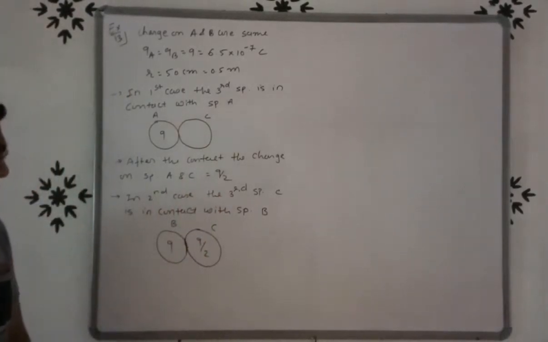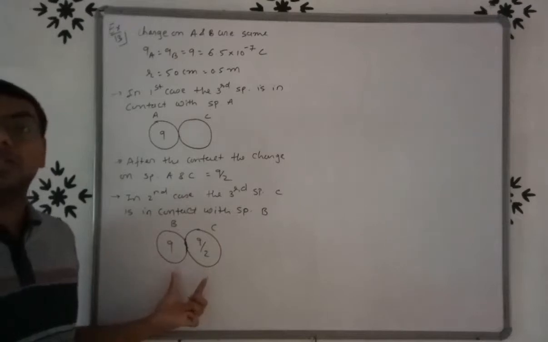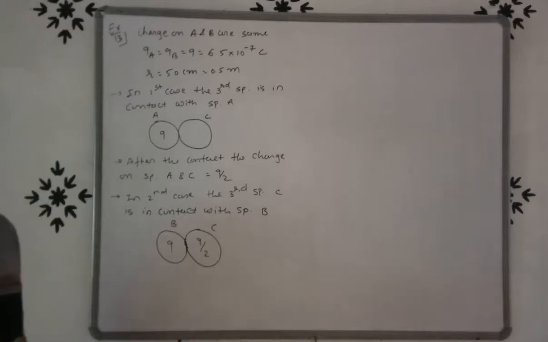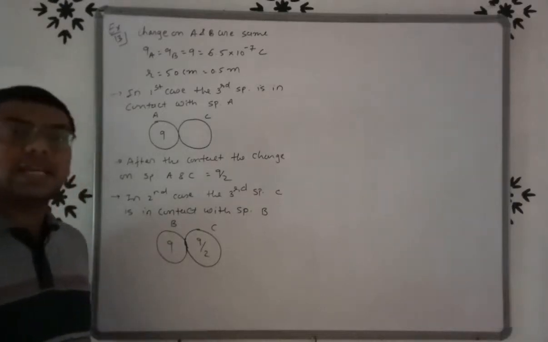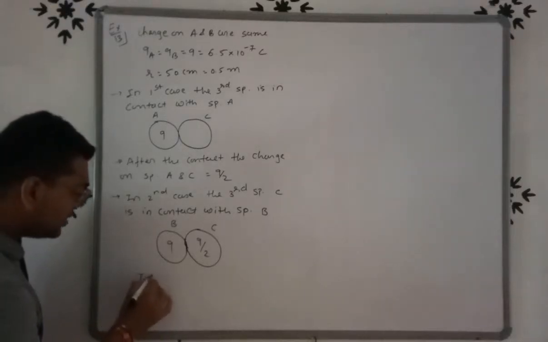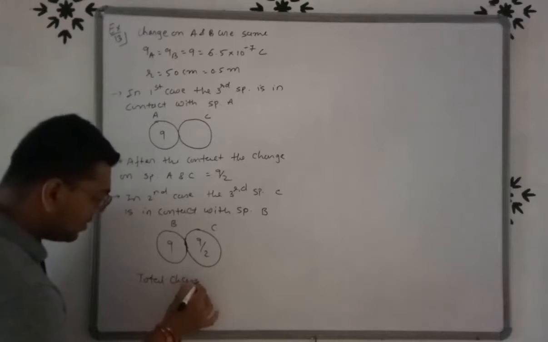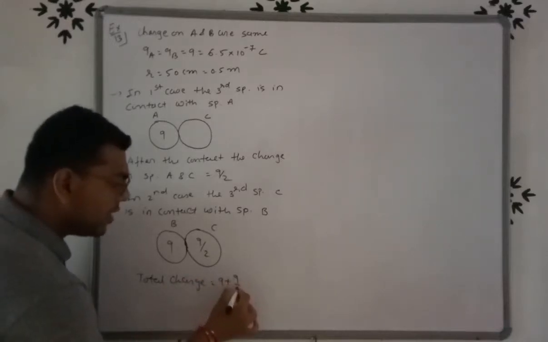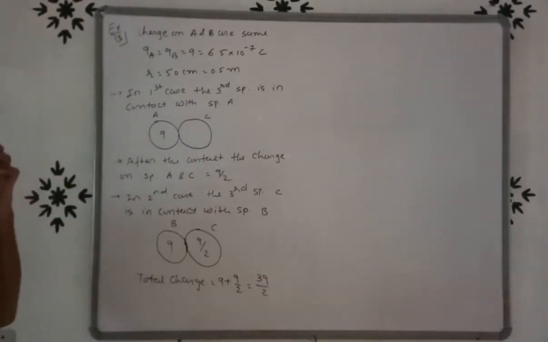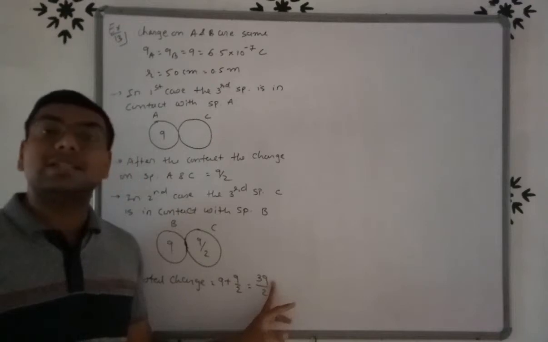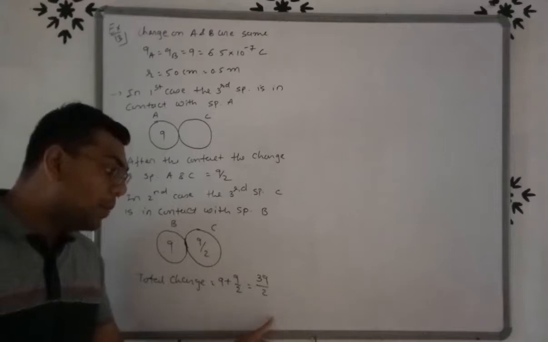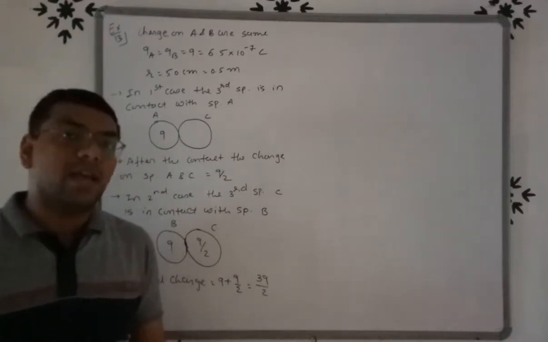When we bring these two spheres B and C in contact with each other, again the total charge is distributed equally. So the total charge is equal to Q plus Q by 2, that gives 3Q by 2. This total charge is distributed equally. There are two spheres, so 3Q by 2 by 2 gives 3Q by 4.